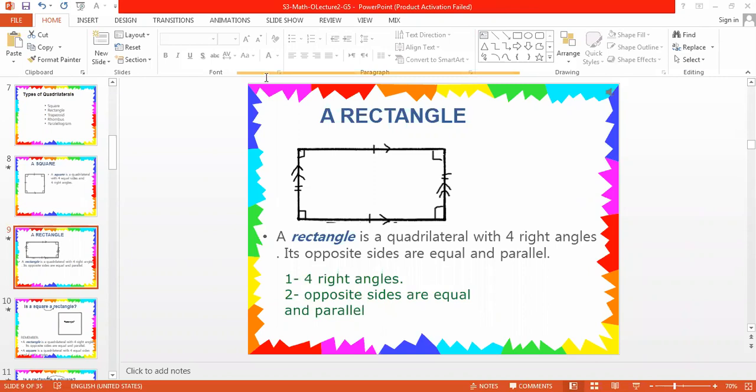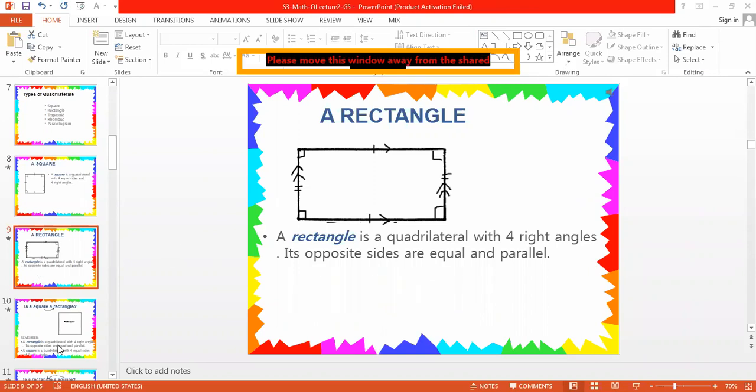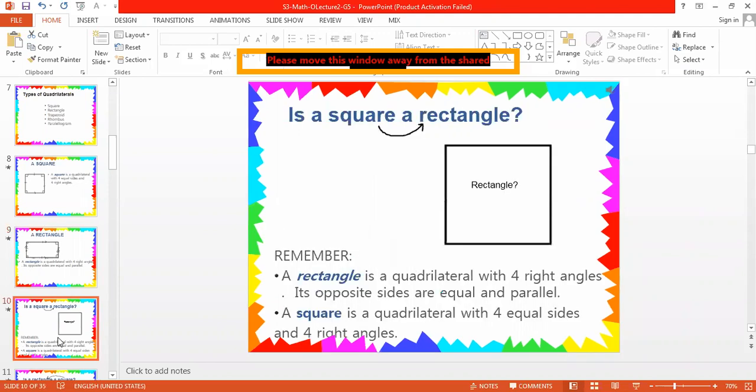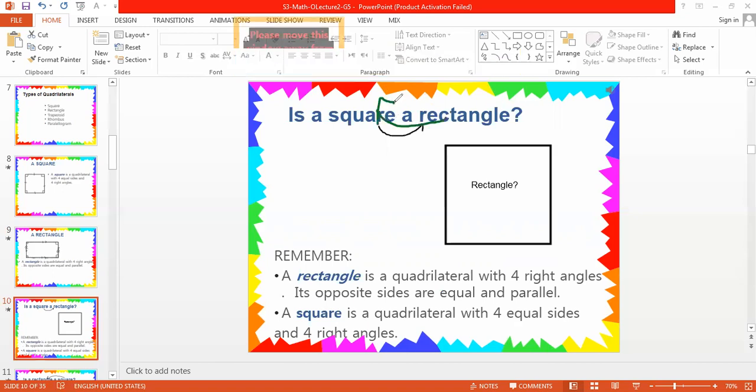And then we talked about how a square is a rectangle, right? Why? It's a rectangle because the two properties of the rectangle are found in the properties of the square.